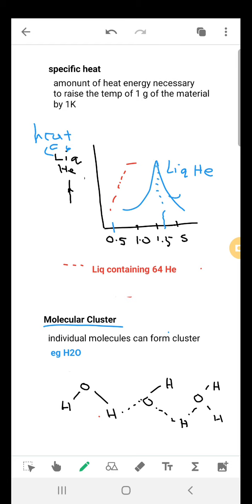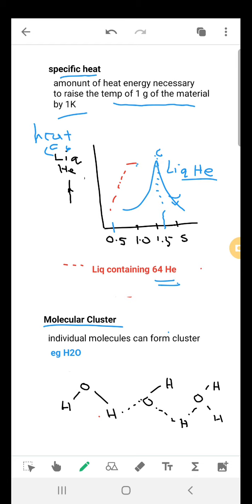Specific heat is the amount of heat energy required to raise the temperature of 1 gram of material by 1 kelvin. So after attaining a superfluid state, the amount of heat required to raise the temperature drops down, and this is the lambda point, and this is the lambda point for liquid helium, and for the supercluster this is the lambda point.